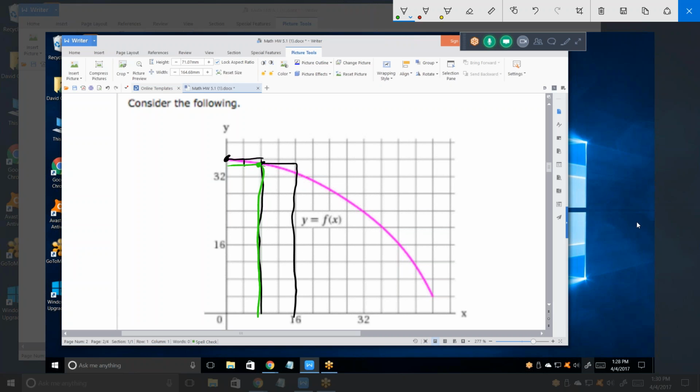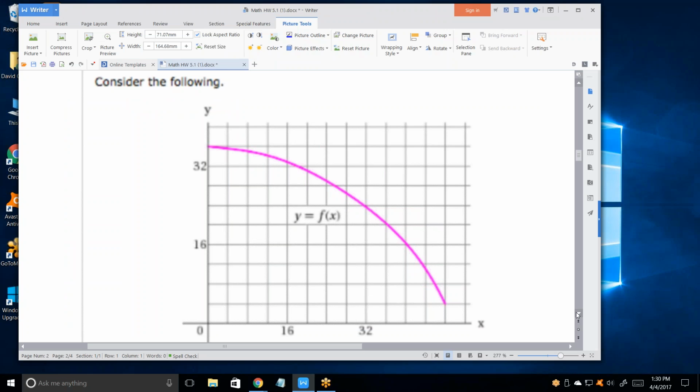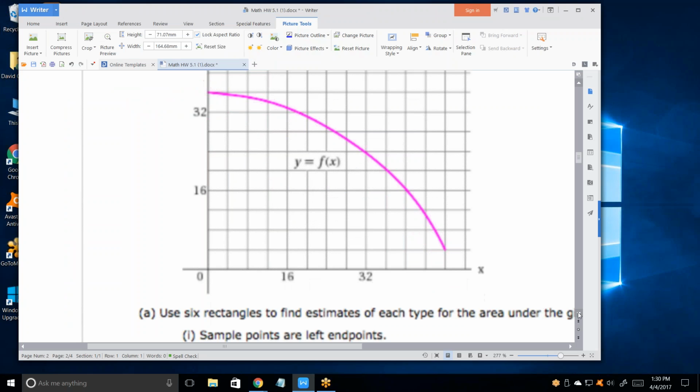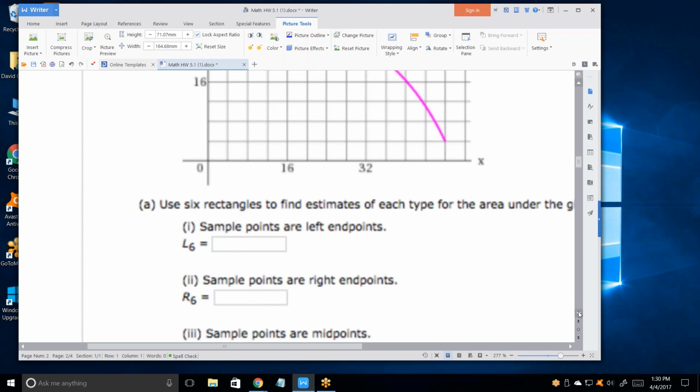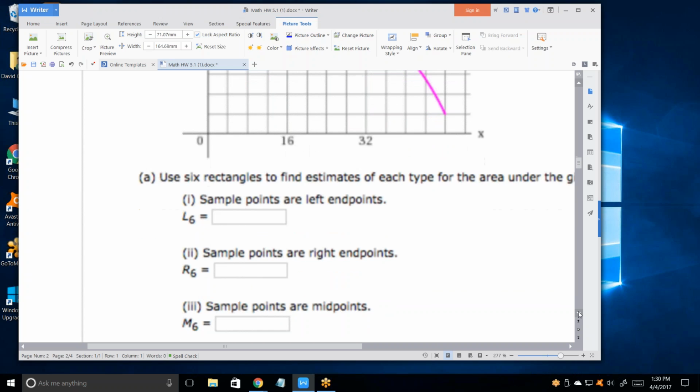So I'm going to be underestimating it the whole way down. This is the right-hand endpoint. And you can call it however, I'm shocked that they don't use left ram, mid ram, and right ram anymore. But that's okay. It's not the first time I've encountered that.